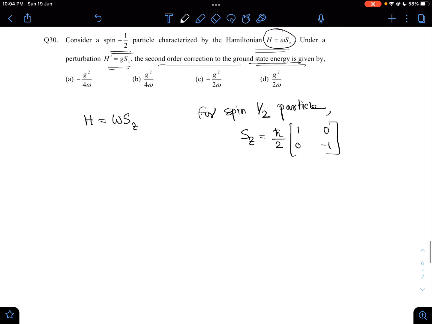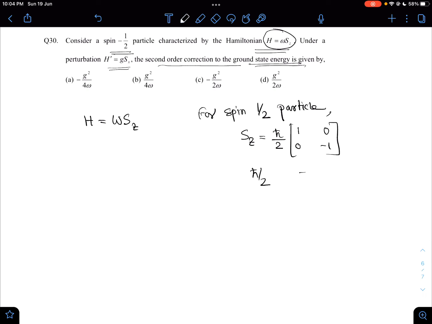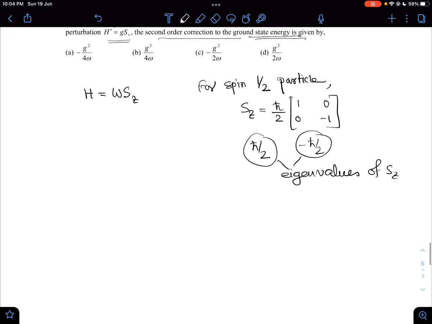That means Sz can have values h cut by 2 and minus h cut by 2. These are the eigenvalues of Sz. And what will be the corresponding eigenfunction? Let us just calculate for one. h cut by 2, 0, 0, minus h cut by 2 acting on a, b.